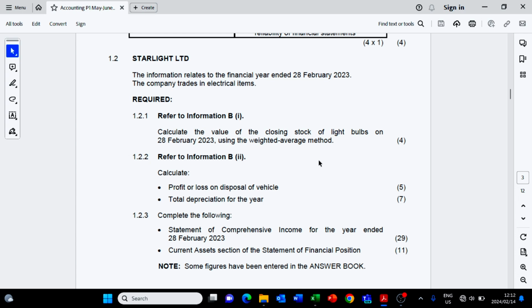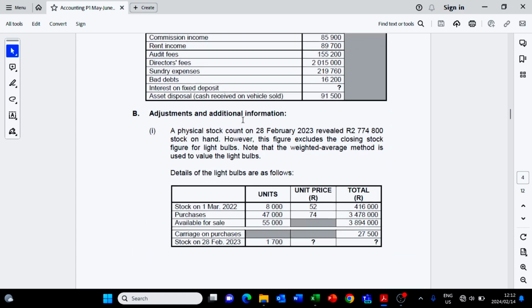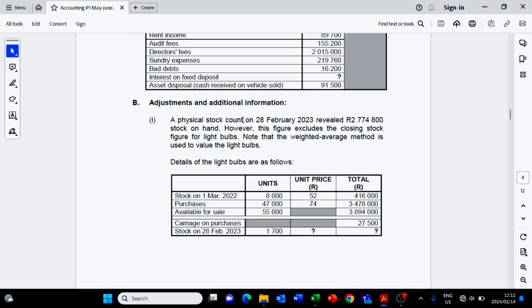Required 1.2.1. We are required to calculate the value of closing stock of the light bulbs on 28 February 2023 using the weighted average method. We are referred to information B I. So now going to the information BI, a physical stock count adjustment and additional information.